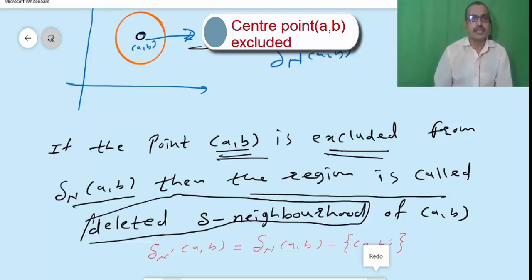This is the deleted delta neighborhood of (a, b).